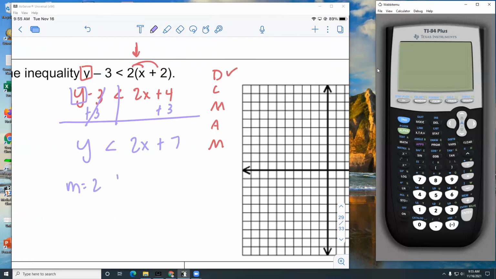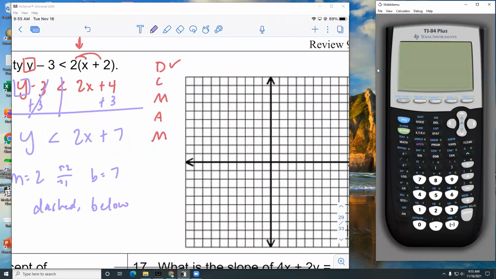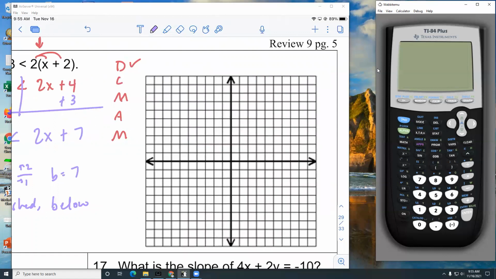So my slope is 2, go up 2, right 1. My y-intercept is 7. I've got less than, so I'm going to have a dashed line, and I'm going to shade below. So go up 7, 1, 2, 3, 4, 5, 6, 7. Go up 2, right 1. Start back, go down 2, left 1, down 2, left 1, down 2, left 1, and so on and so forth.